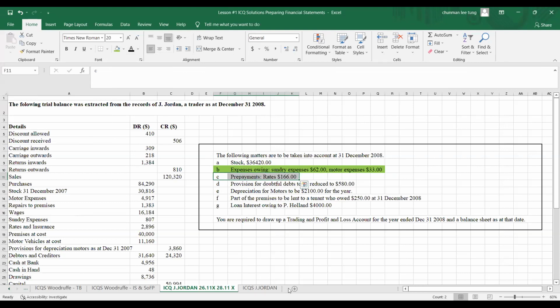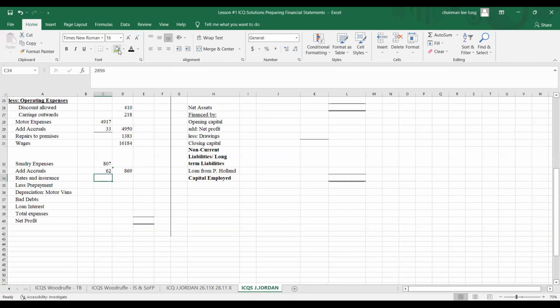So what do we do with this 166 prepayment? Yes, we minus the prepayments from the rates and insurance figure. Very good. So our rates and insurance is 28.96, and we have to less our prepayments of 166 to give us our net value of 27.30.